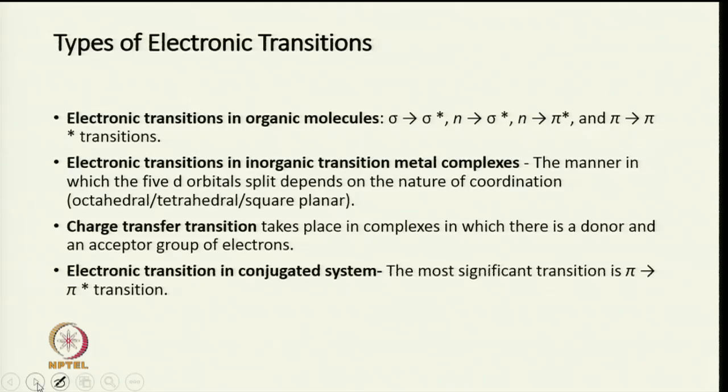The types of electronic transitions in organic molecules are sigma to sigma star, n to sigma star, n to pi star and pi to pi star transitions.